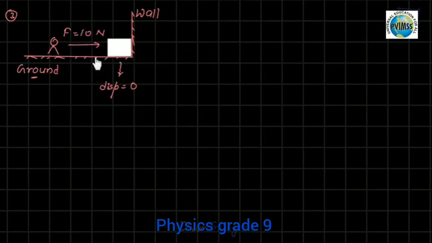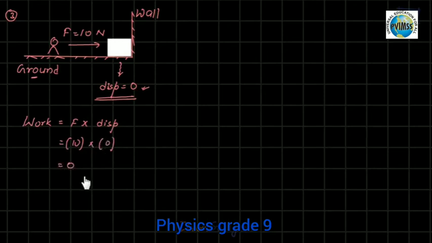Okay students, so how to find out the work done in this situation? Work equals force into displacement. Force equals 10 and displacement is equal to 0. So work done also equals 0.